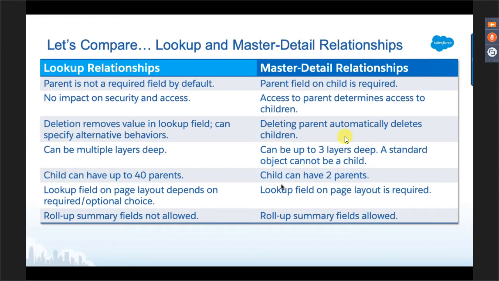The other 2 include rolling up campaign members to campaigns. So campaigns and its child campaign members. And you might have noted that I said child because it too is not a master detail relationship.